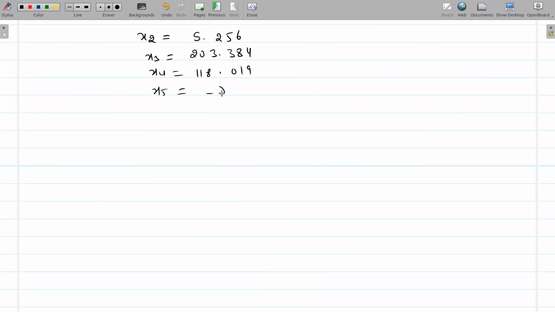And x5 is minus 87.471, and so on. So you are getting zigzag answers: 5, 203, 118, minus 87. If convergence occurs, then you will be near the root, but you are going away. The next answer, x6, is minus 203. So this means the iterations are not converging.